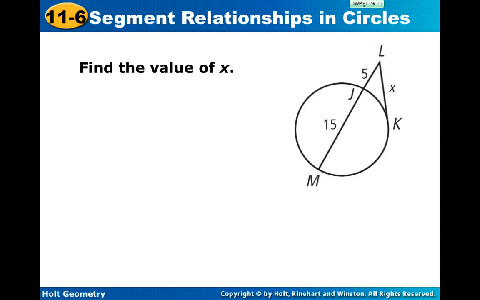The tangent part squared. That's where the variable is. We're going to have an x squared. So this one you should have 5 times 20 equals x squared. 5 times 20 is 100.